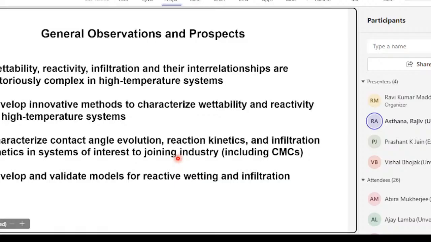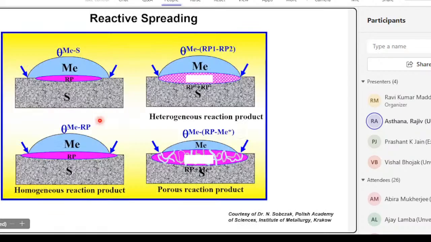Just as a final slide for this topic, we are looking at this conceptual scheme where you have a liquid droplet sitting on a solid surface at high temperature under high vacuum. Unlike mercury on glass or water on glass, where stabilization takes place in a microsecond, over here the liquid will keep spreading for an hour or 2 hours because you have chemical reactions driving the spreading. One situation is that spreading of the liquid is faster than the growth of the reaction layer.